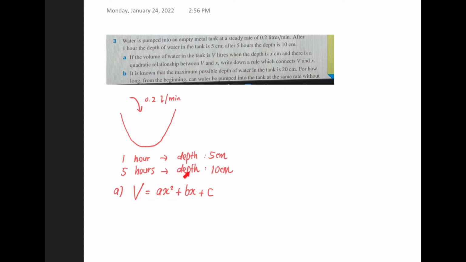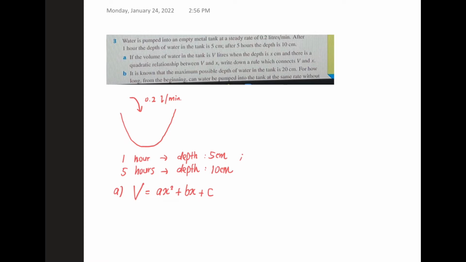So let's see. The first information is after 1 hour, the depth is 5 cm. So we need to find out the volume. We put it in this way.